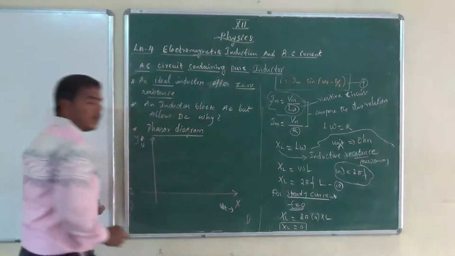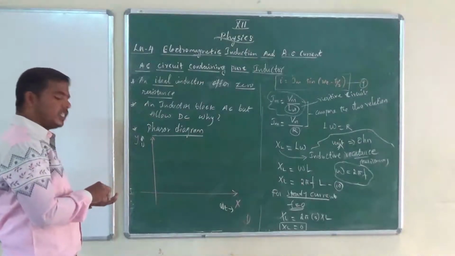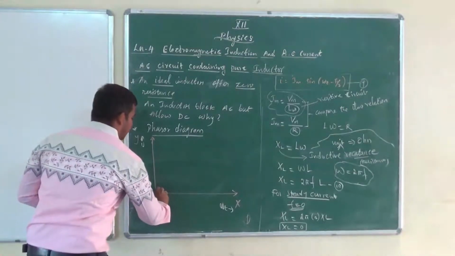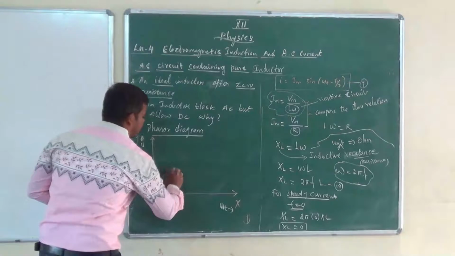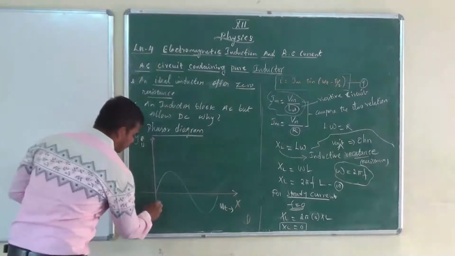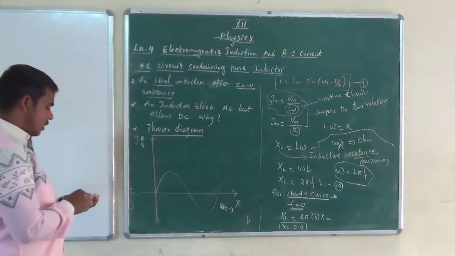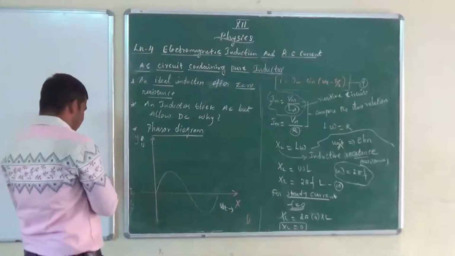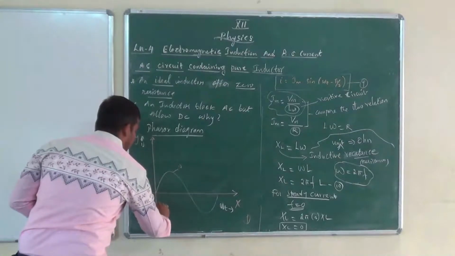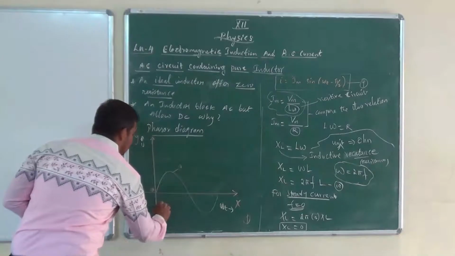Now I want to draw how the current and voltage behave. Next I'll draw the voltage and the current; here the resistance R is 0.